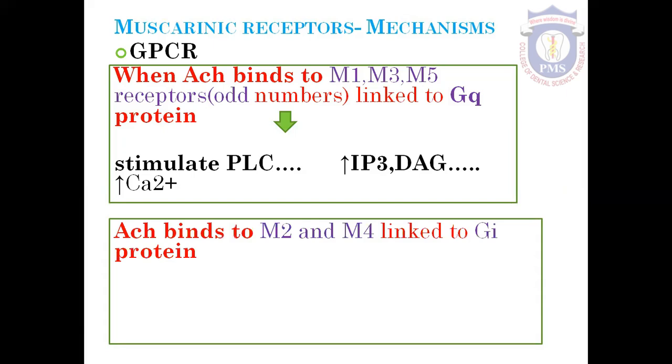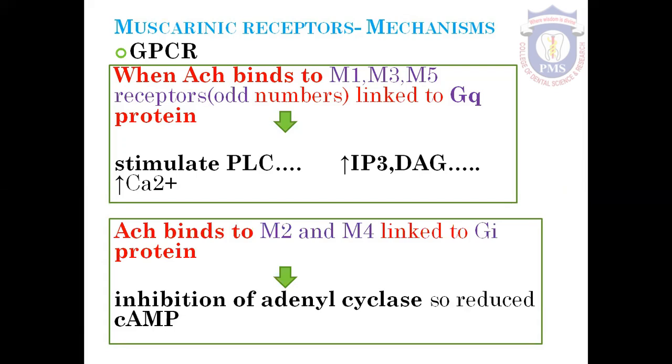Acetylcholine also binds to the M2 and M4 receptors, but these are linked to a protein known as Gi protein, so that they inhibit the adenylyl cyclase enzyme, so there is reduced release of second messengers like cyclic AMP.